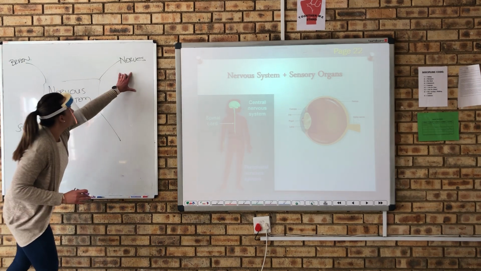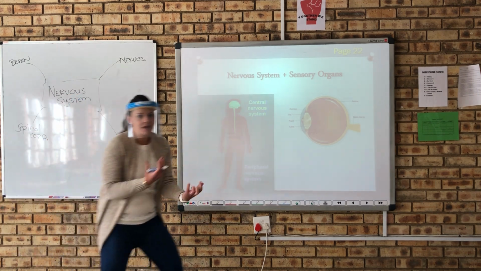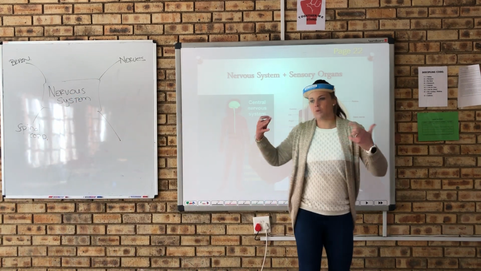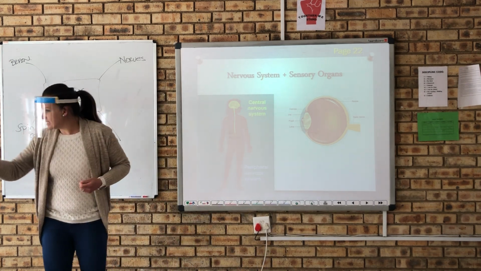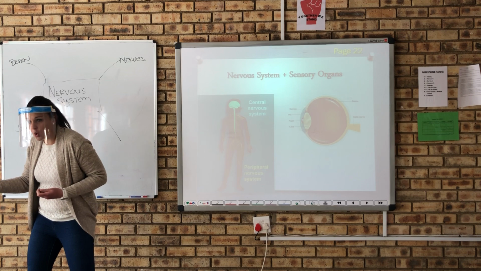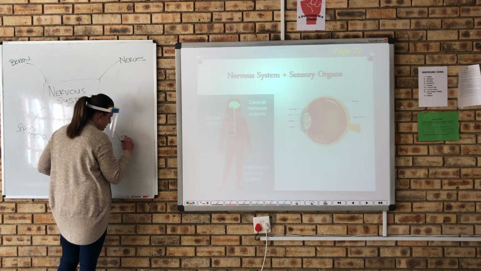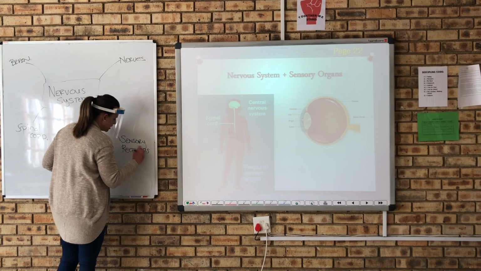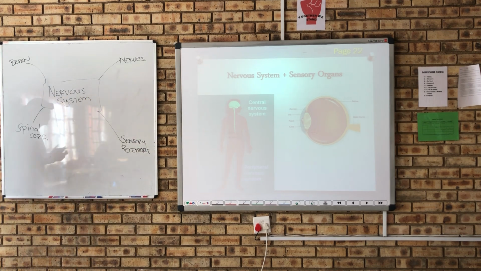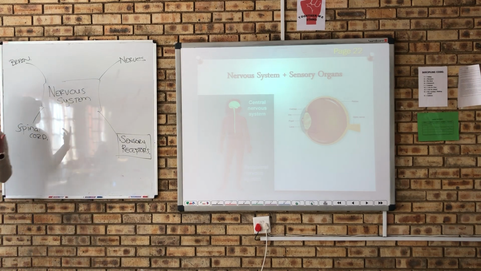So we've got some nerves, we've got the brain, we've got the spinal cord, and what's going to be picking up the information of everything around us? What are those things called? Senses, okay? Sense organs. They are referred to as receptors or sensory receptors. So we have receptors, and those receptors are responsible for interpreting the world around us.